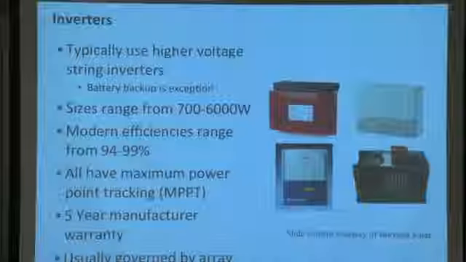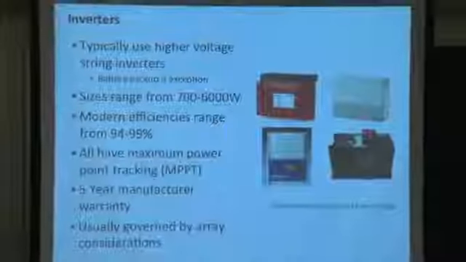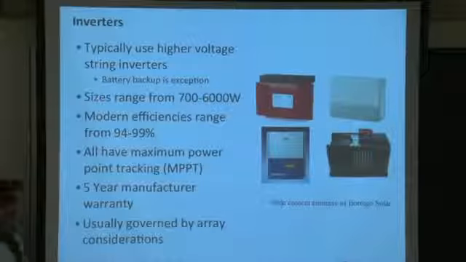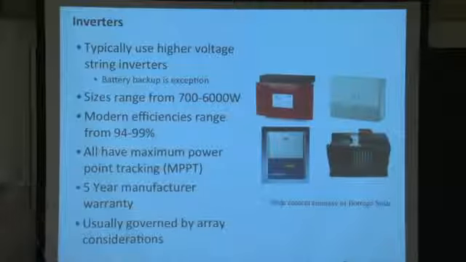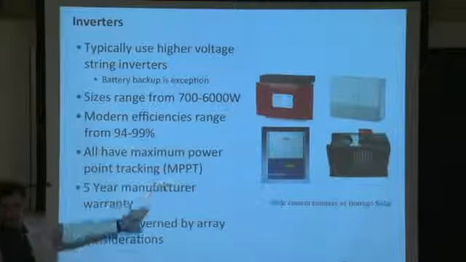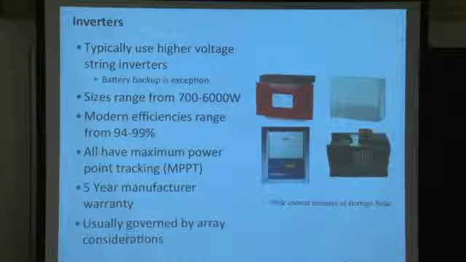Back to inverters. Modern efficiencies of the inverter component range between 94 and 97% typical. Record inverter efficiencies up to 99% have been demonstrated. And they all have what's called maximum power point tracking, which means that they will be able to sense what the combined output is of the array on your roof and adjust the resistance in the circuit to match the maximum power point.